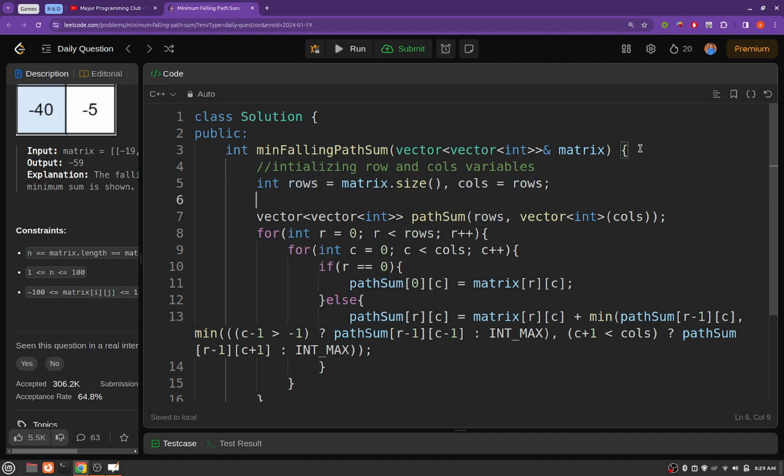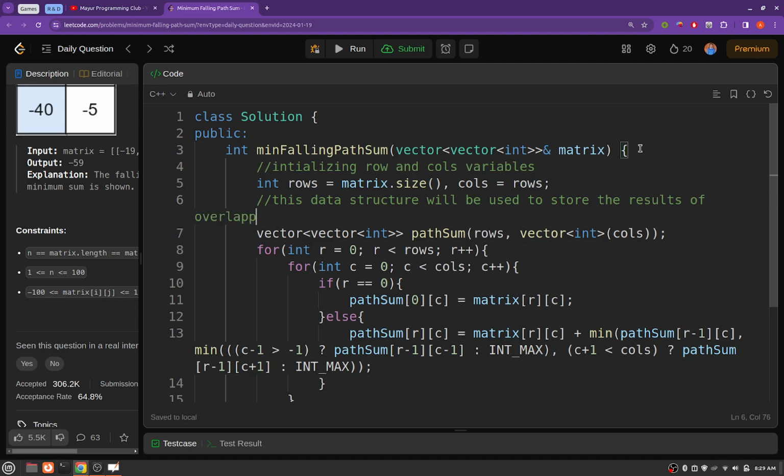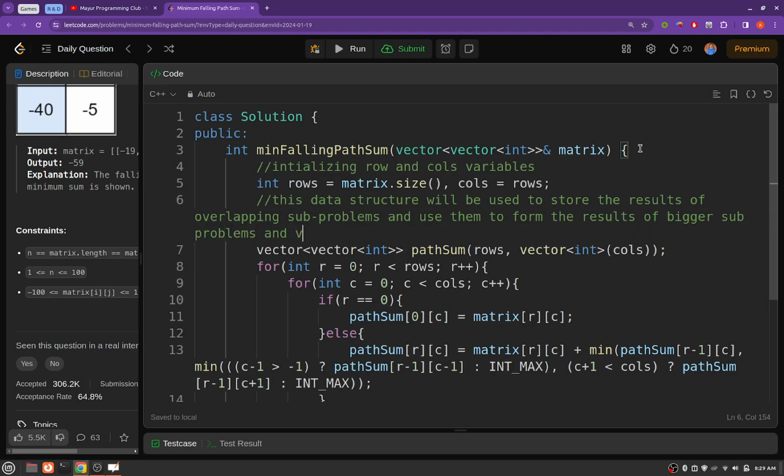Then we will be using this data structure to store the results of subproblems, overlapping subproblems, and use them to form the results of bigger subproblems and avoid extra work.